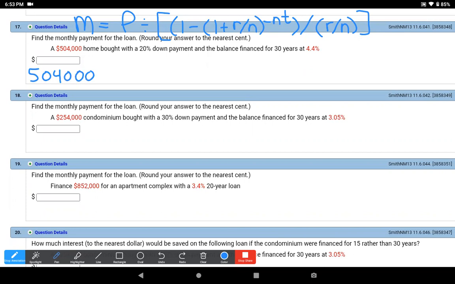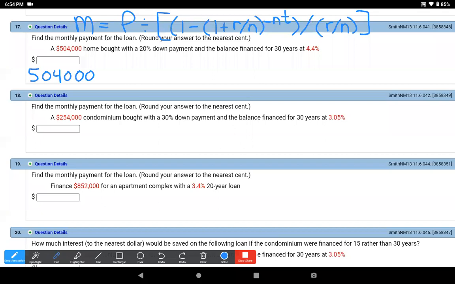Okay, so we have a P of 504,000. Well, like I said, they're going to throw us a curveball, so let's not call that P yet. So a $504,000 home bought with 20% down payment and the balance financed for 30 years.